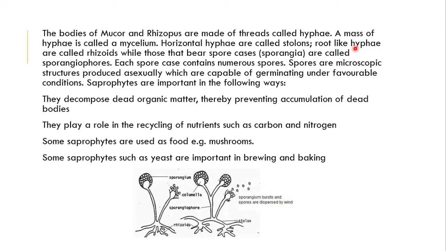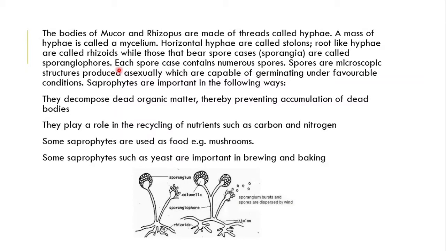Root-like hyphae are called rhizoids, while those that bear spore cases, which are sporangia, are called sporangiophores. I know these terms are hard. Even I have had challenges with these terms, but there's nothing we can do. What is important is that you know the spelling.